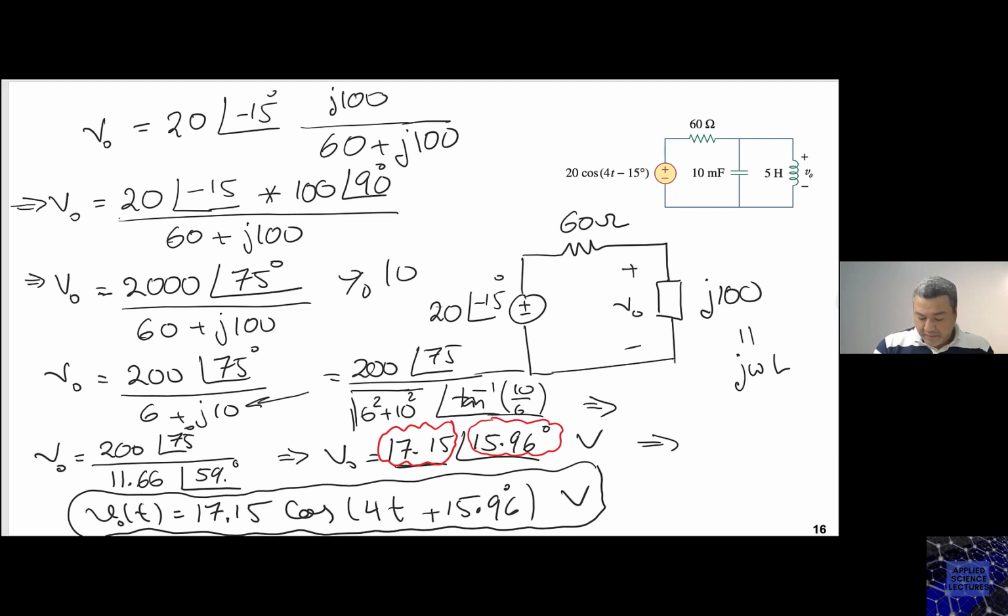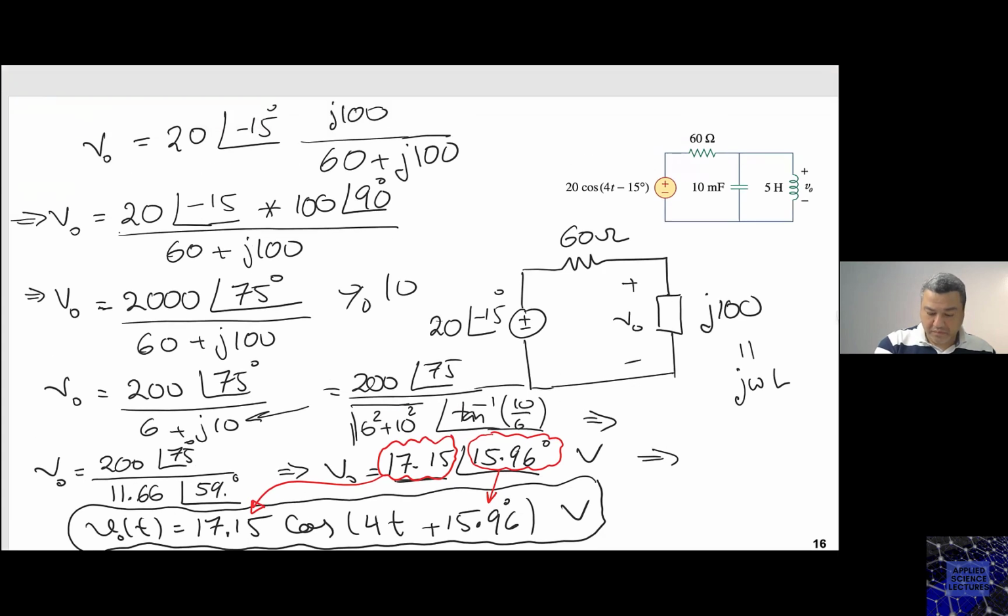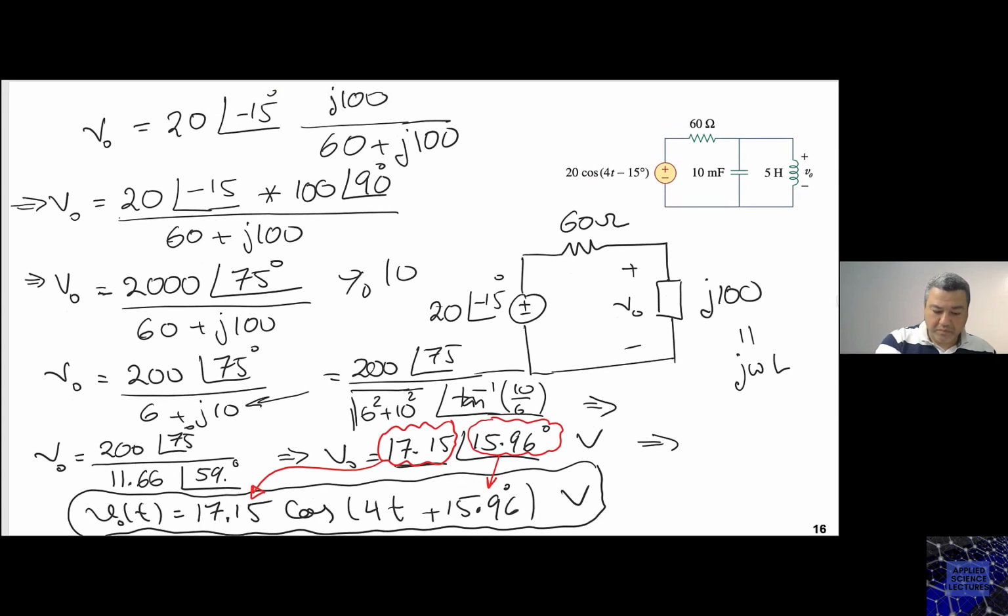So it'd be 17.15 cosine 4t plus 15.96. The cosine and the 4t are not going to change.